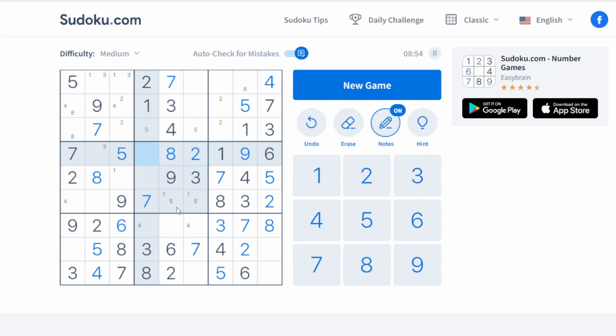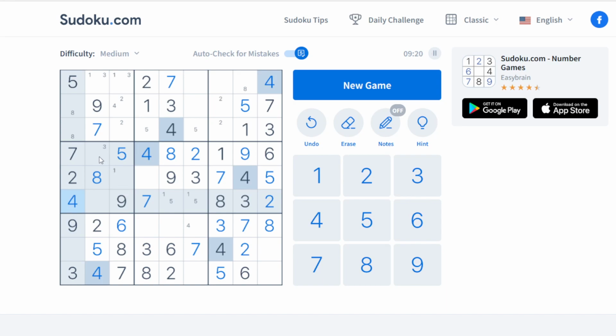So we have 1, 2, 3. This has to be a 4, 5, or a 6. But this cannot be a 6 because there's already 6 over here. Therefore, we know it's guaranteed to be the 4. And with that 4, we know that this must be the 4.